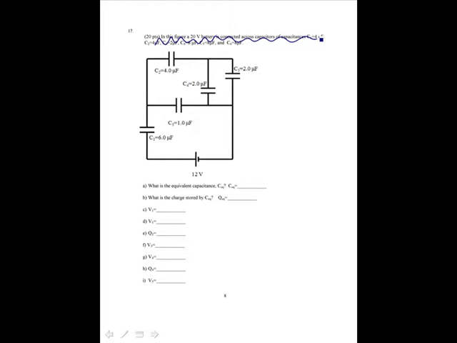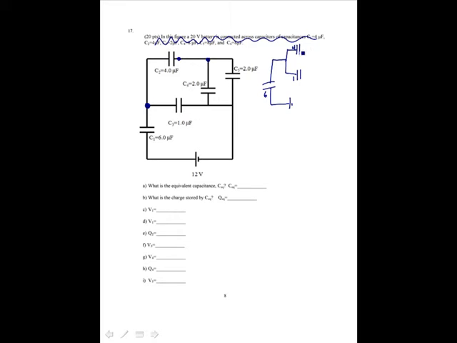So first, we just want to redraw this circuit so we can get a better feel for what it's like. So we have this 6 microfarad capacitor, and at this point you have a junction. You can either go to the 4 or the 1. There's the 4 microfarad capacitor and the 1 microfarad capacitor. And once you get past the 4, you have another choice.